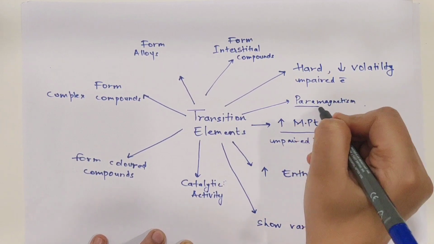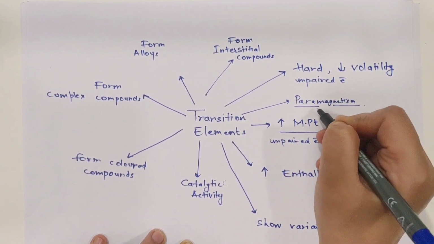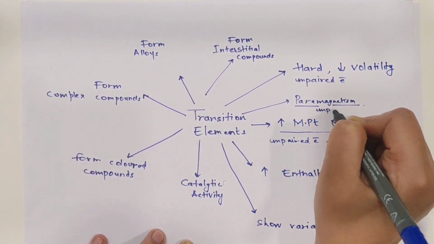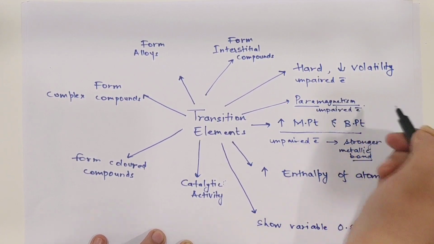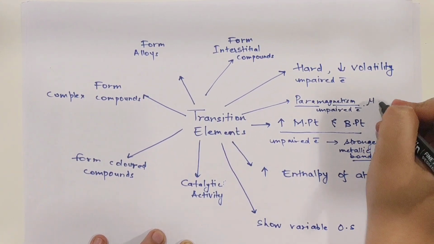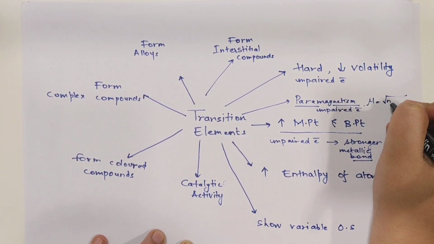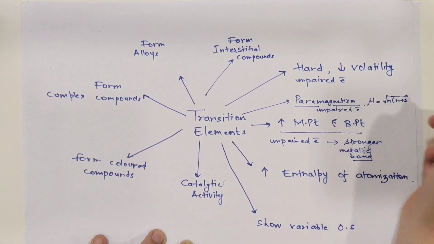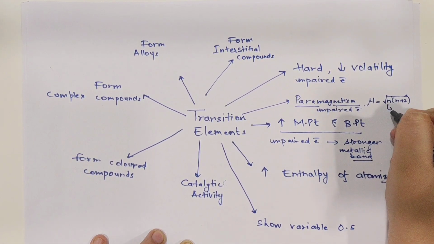Paramagnetism simply means unpaired electrons. It's the direct consequence of unpaired electrons. Magnetic moment can be calculated using this formula, square root of n(n+2). Now, n means number of unpaired electrons.